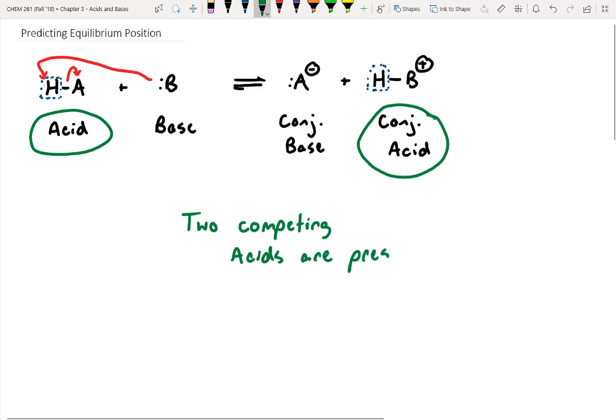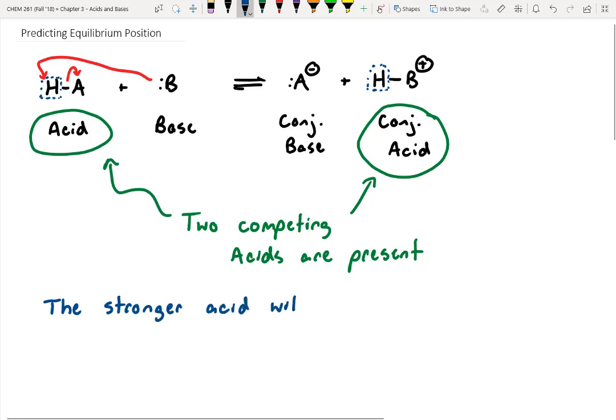Okay, this is an important thing to pay attention to. It's basically what's stronger, your original acid or your conjugate acid, right? The stronger acid is essentially going to win. So the stronger acid will push, that's the scientific term, the equilibrium to the other side.